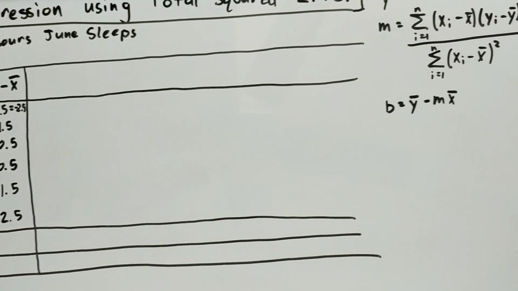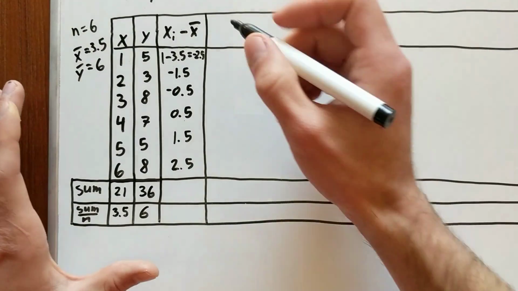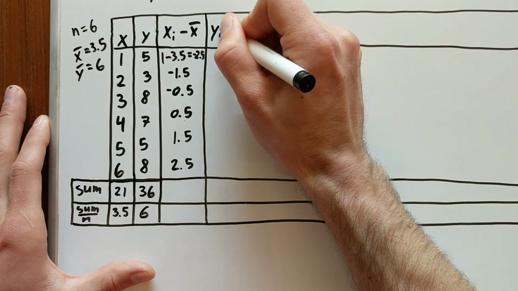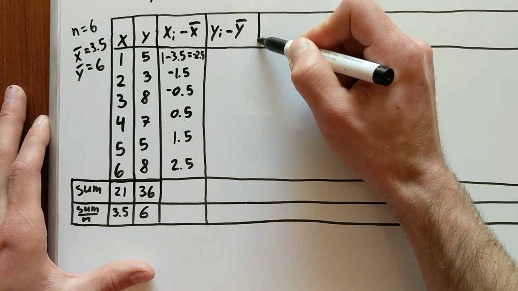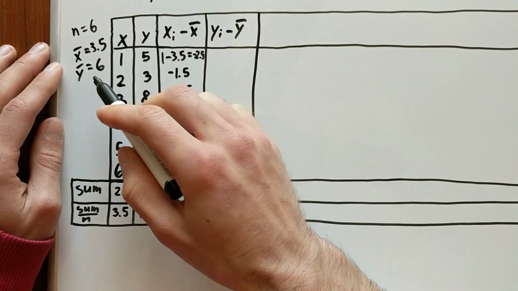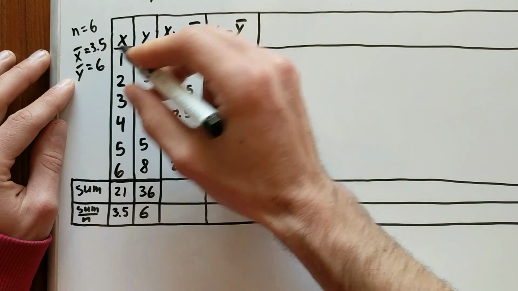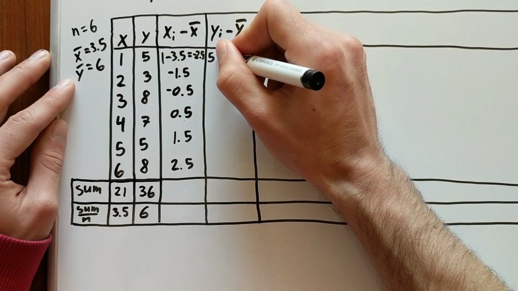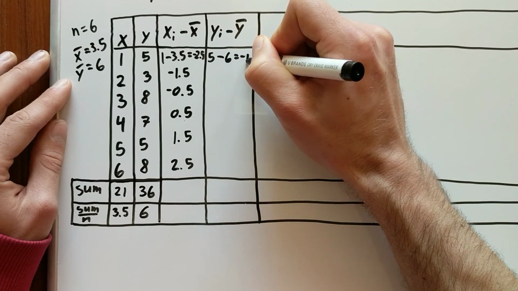Okay, now let's do the individual yi's minus y bar. So yi minus y bar. The first one is going to be 5 minus y bar 6, which gives us minus 1.